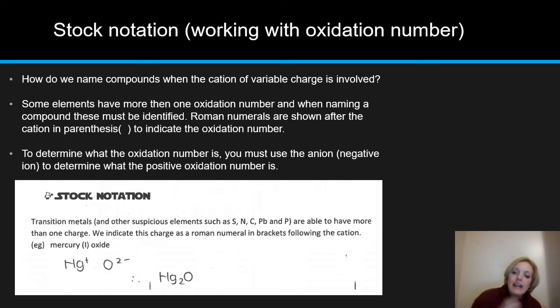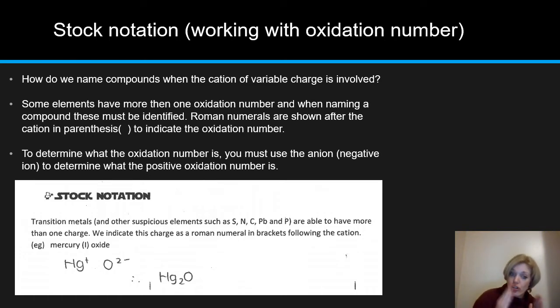So when I write out my chemical formula, I know exactly how I'm going to write it if it is paired with oxygen. Oxygen has got a charge of 2 minus. Because it has a charge of 2 minus, I have to write my mercury(I) oxide as Hg2O for that to be cancelled out and completely neutral.